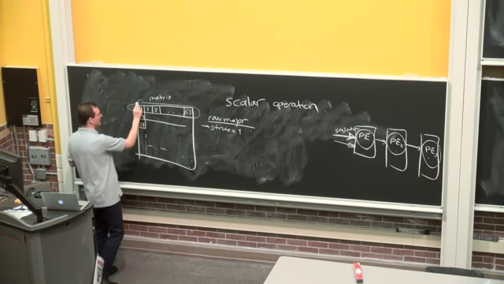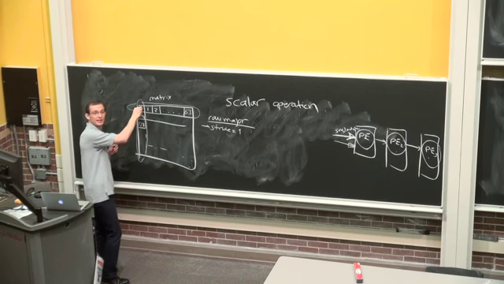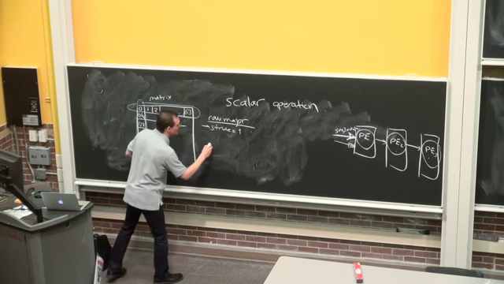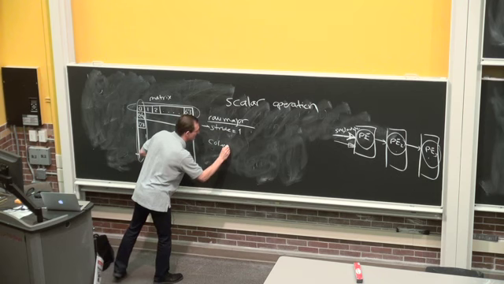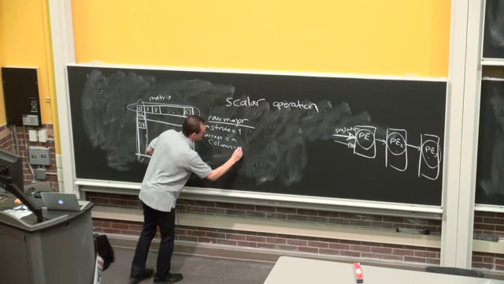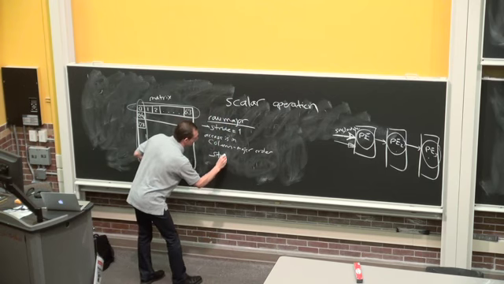But if you're accessing this matrix in column major order, if you want to access the first element in row 0, column 0, and then the element in row 1, column 0, and then the next element in the column, and then the next element in the column, then your stride becomes 64, right?